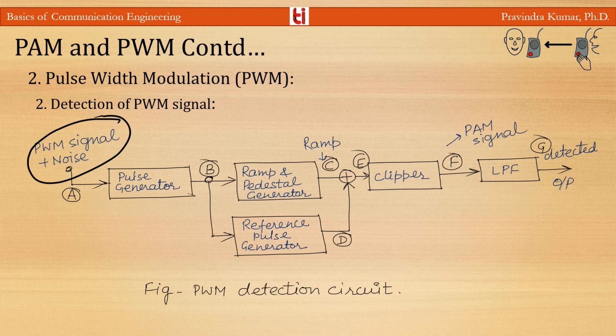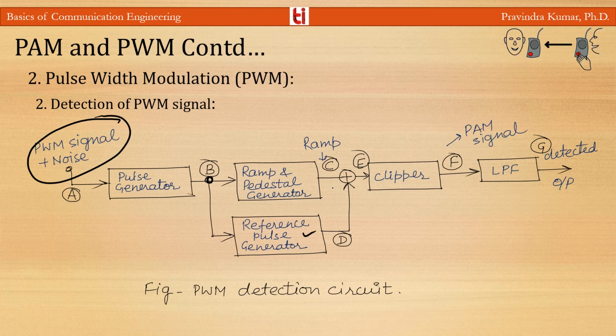The regenerated pulses are applied to the reference pulse generator. So here at point B are the regenerated pulses, and these are applied to the reference pulse generator. It produces a train of constant amplitude, constant width pulses.